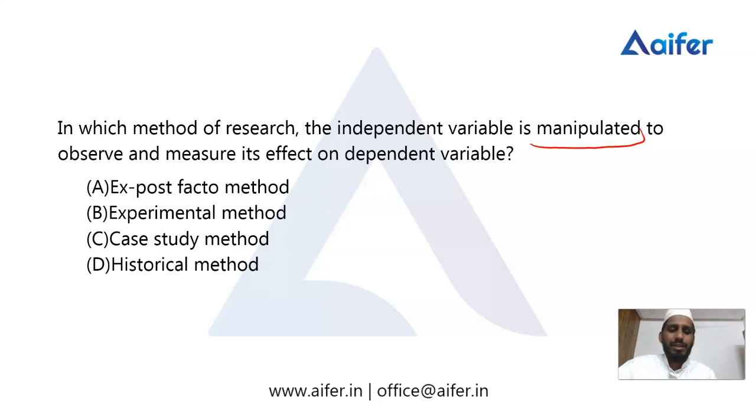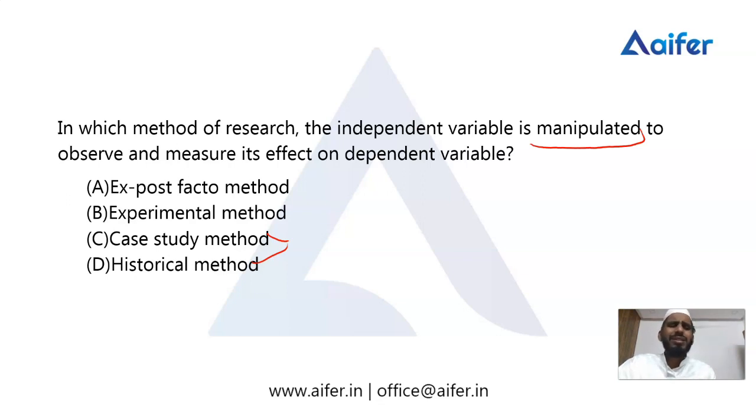Which research method is it? Here there are four options: ex post facto method, experimental method, case study method, historical method. At first, we can eliminate two options, case study method and historical method, because these two are types of qualitative research.